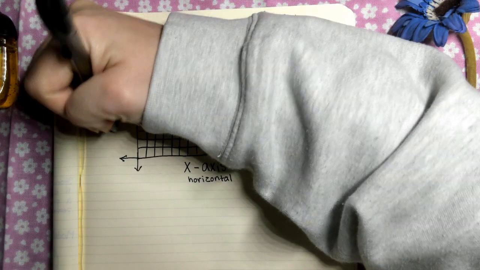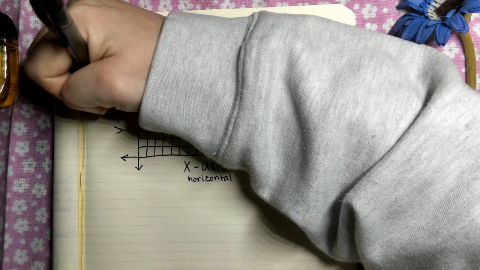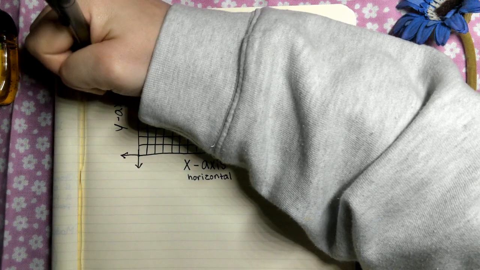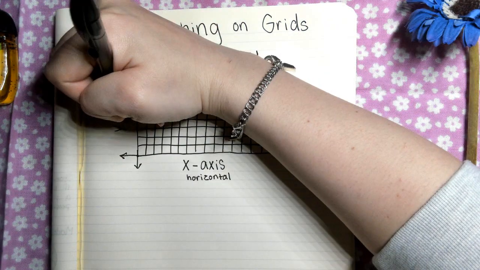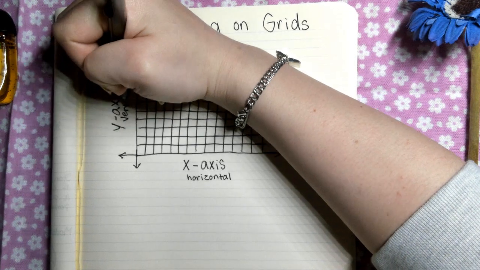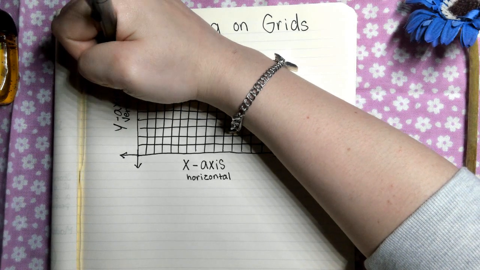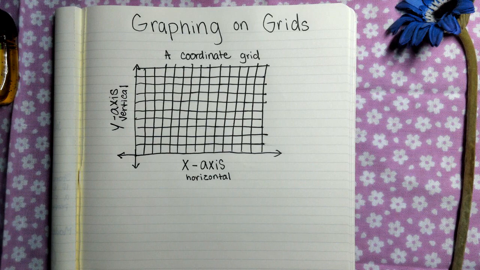And then over here, this is the y-axis. And that's not horizontal. That one is vertical. I haven't yet thought of a very good way to remember vertical, though, other than vertebrae, which refers to your spine, which kind of stands straight up. I don't know. No, I haven't thought of a good one.